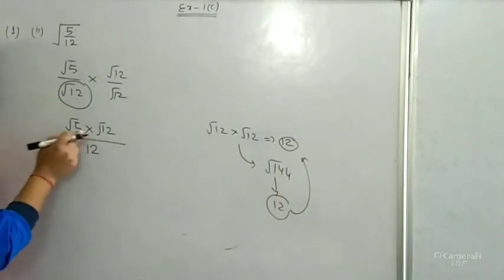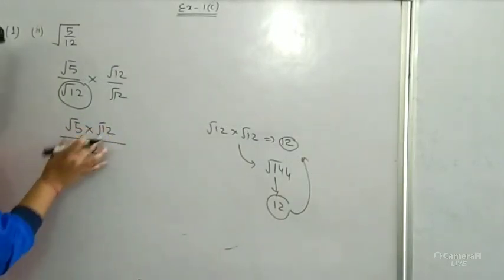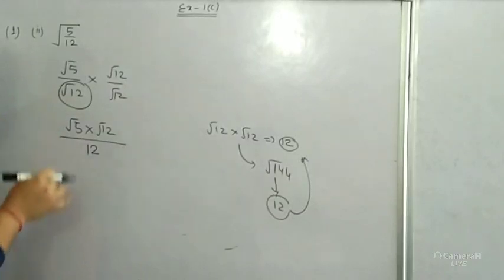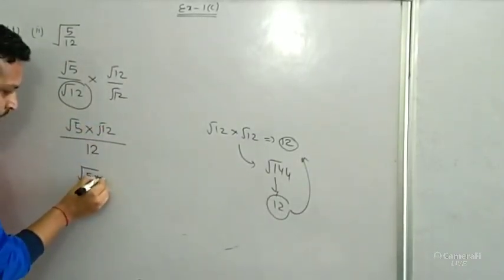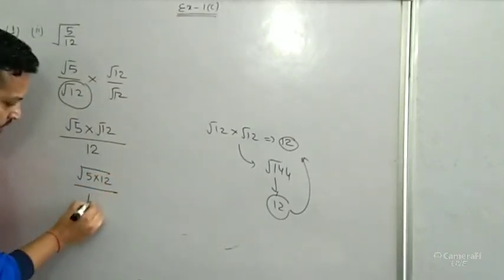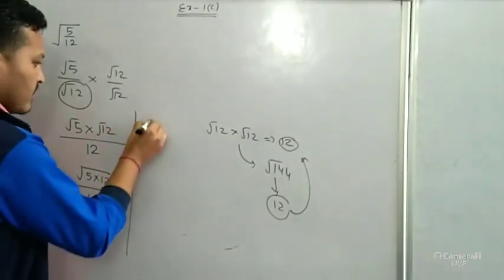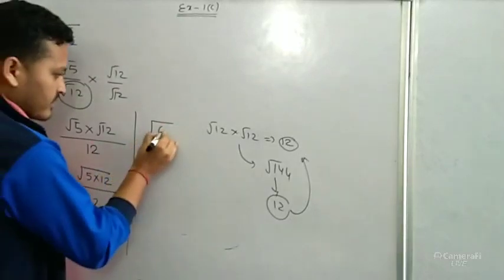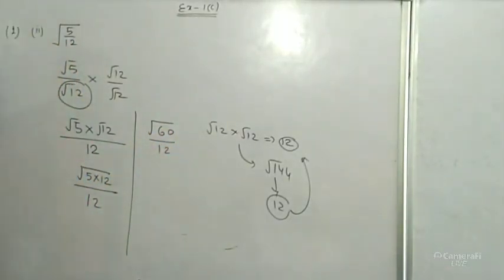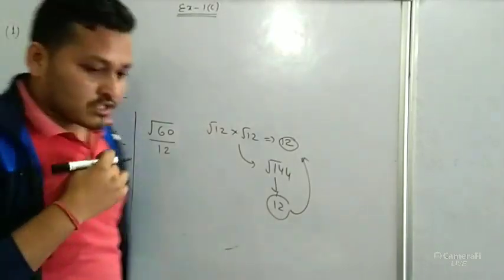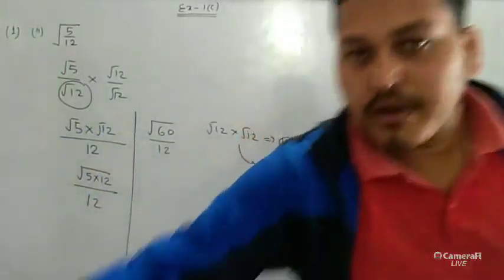Now these numbers are different, so we can multiply them together. On multiplying 5 into 12, so our answer should be 60/12, 5√12 becomes √60/12.